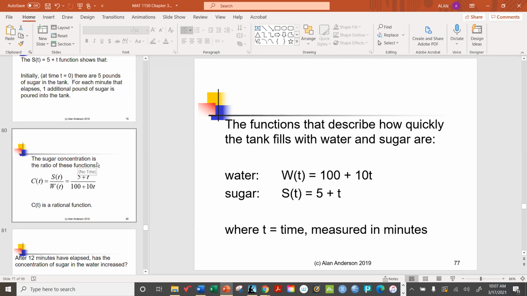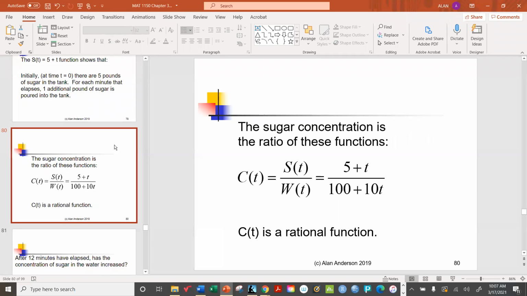And so if we write it out based on these two functions, the concentration of sugar at any given time can be expressed very simply as the ratio of these two functions. And here's what I mean by that. It's equal to the amount of sugar at any given time divided by the amount of water. So because this function is the ratio of two other functions or two other polynomials, it therefore becomes a rational function.